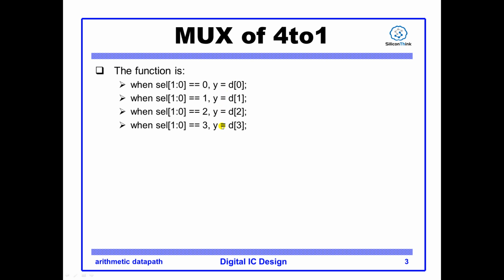For example, you have 4 input bits D, ranging from 3 to 0, and you have 2 select bits. When sel equals 0, the output is this bit. When 3, the output is this bit. So can you build this architecture? You can take out your pen and paper and try to draw some figures. Okay, you can pause the video. I will show you the result.